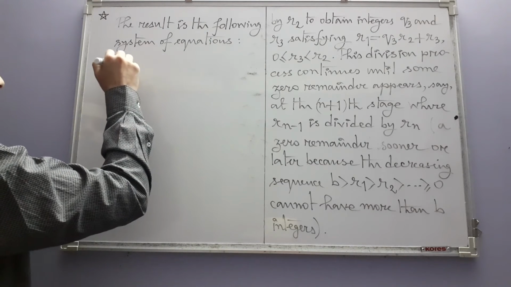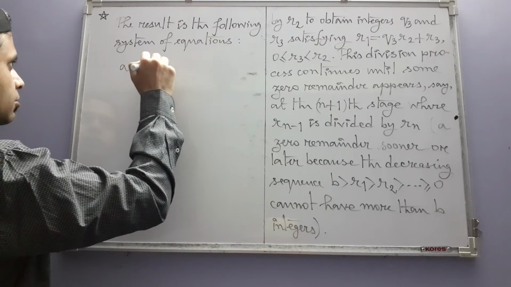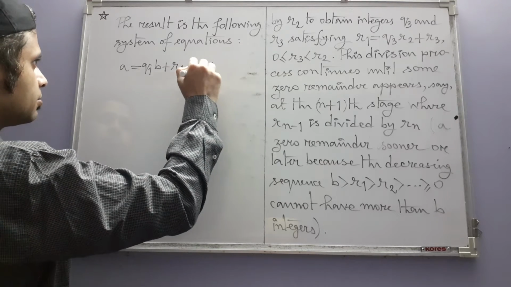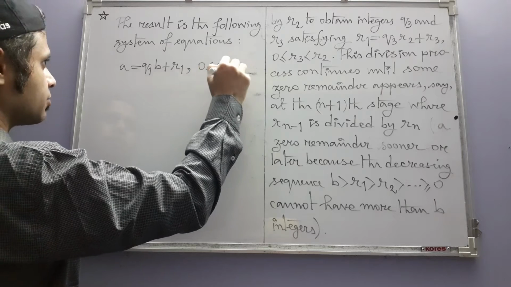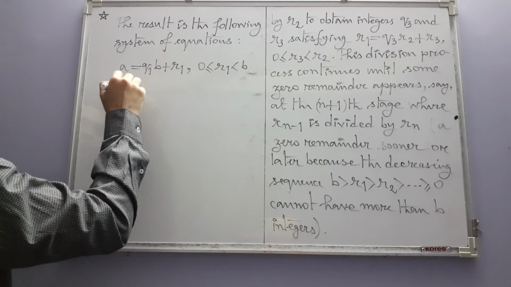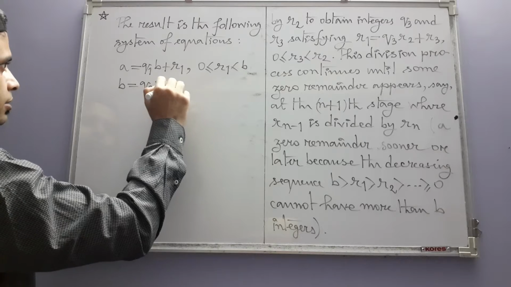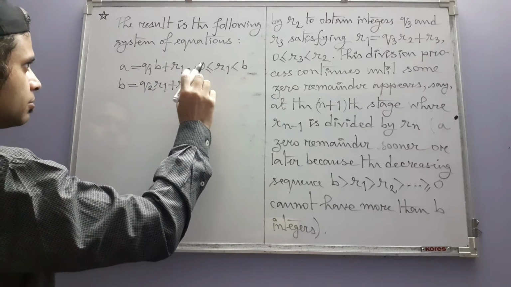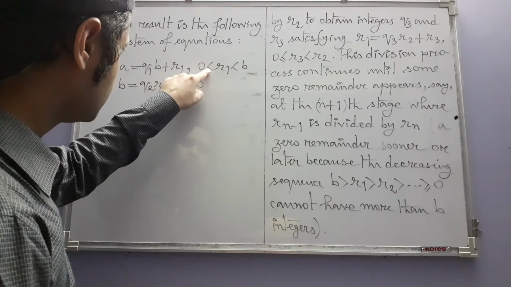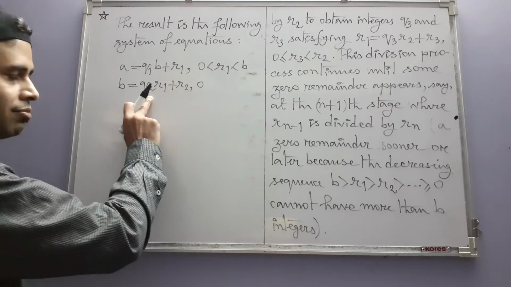The first one is, of course, dividing a by b to get quotient q1 and remainder r1. This is accompanied by the inequalities that r1 satisfies. Then next we divide b by r1 to get quotient q2 and remainder r2. Because the procedure continues, r1 is actually greater than 0, and that's why we have this next step.